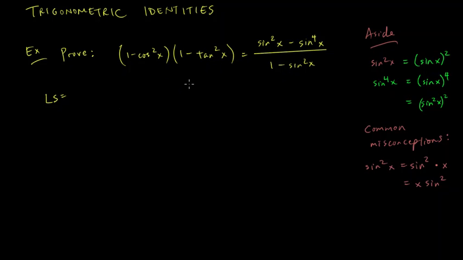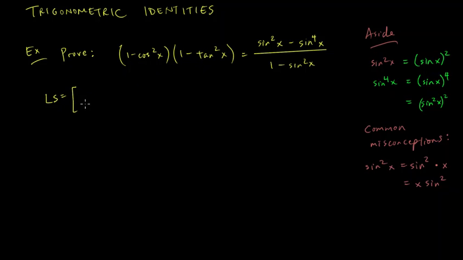So eventually, the whole idea here is that you're going to transform this left side using trigonometric algebra and manipulation to make this look like this. So left side equals this. First of all, you're going to apply what you already know, so basic trig ratios.